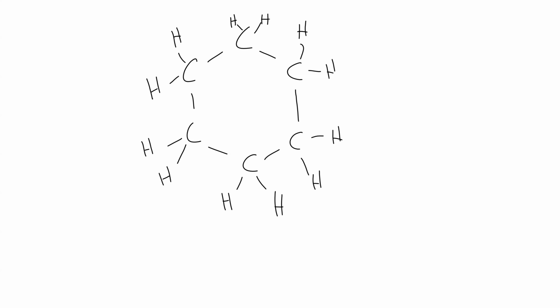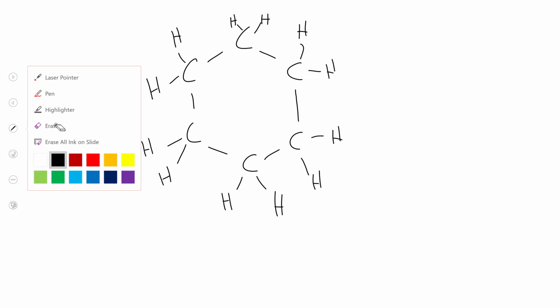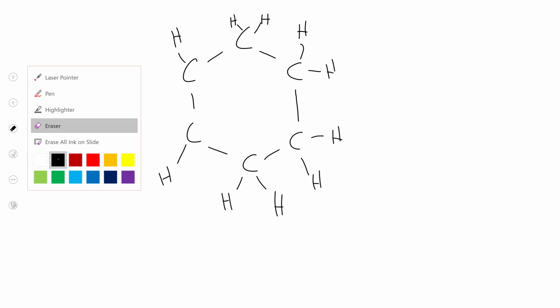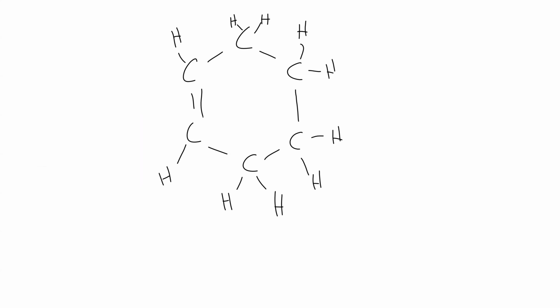Even if I erased 2 of these and made it a double bond, now it's cyclohexene instead of cyclohexane, but still, there are no other pi bonds or lone pairs around that can cause any resonance, because there's nowhere for these pi electrons to move. They'd be moving towards a carbon that already has a full valence, and they're all sigma bonds, so there's nowhere we can push the other electrons either.